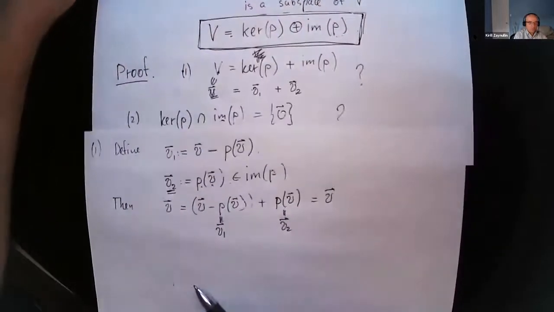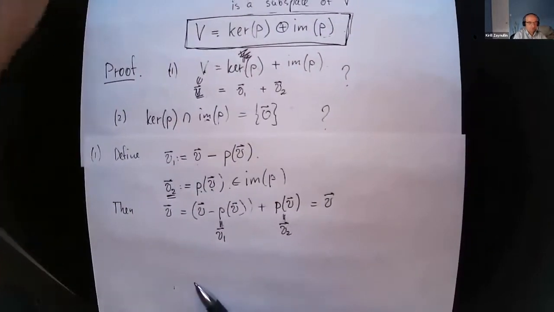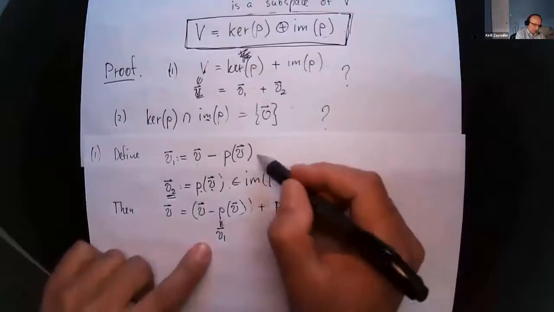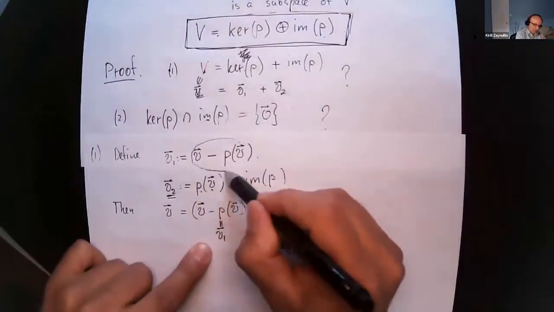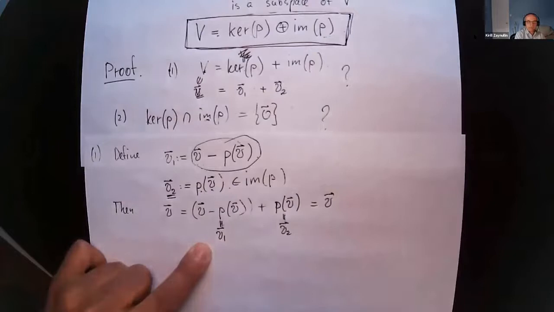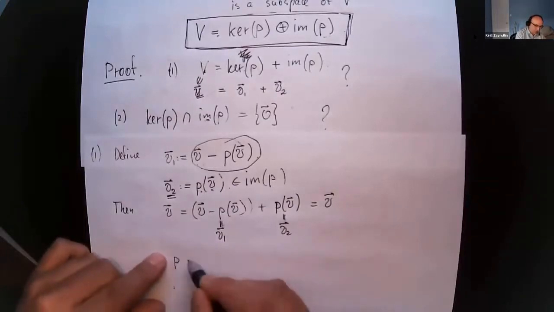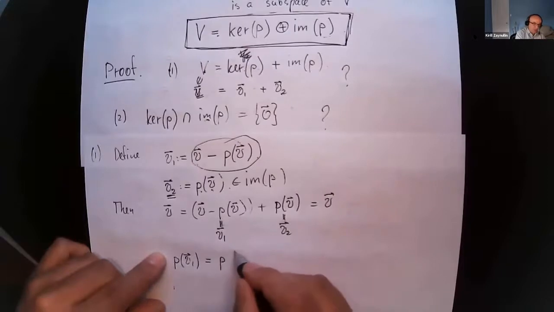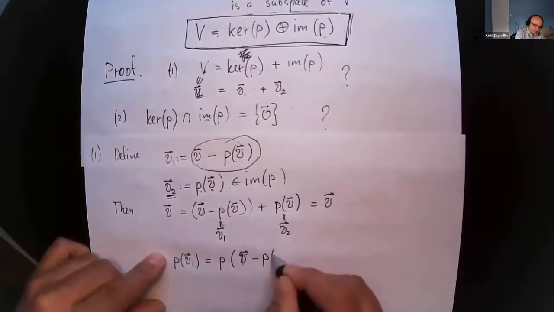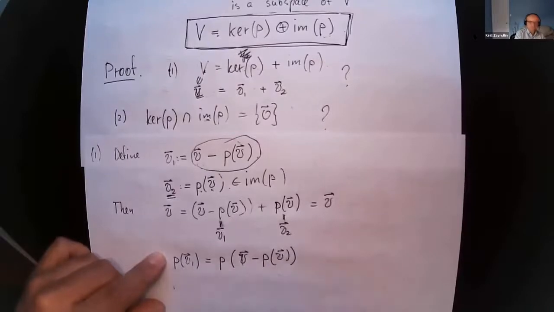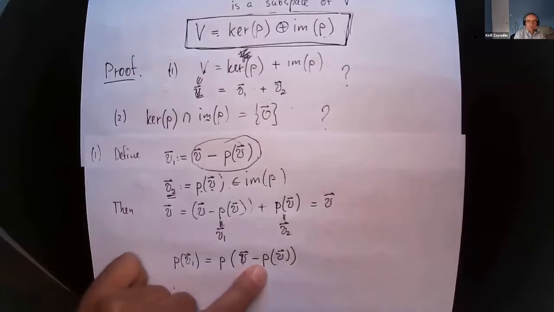Now we claim that this guy indeed sits in the kernel. Why is it so? Let's just check it. Let's apply P to our vector V1. That's just P applied to V minus P of V. I just substitute, so that's my V1 here.